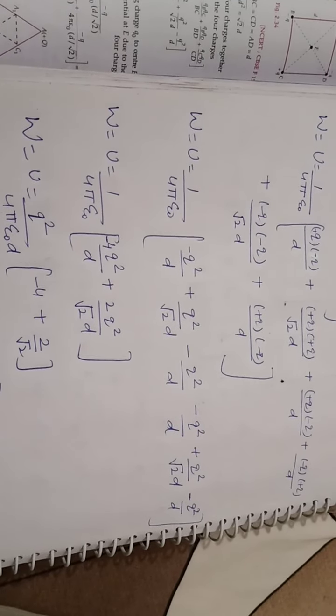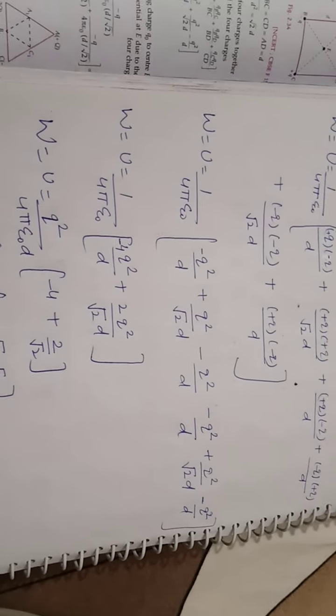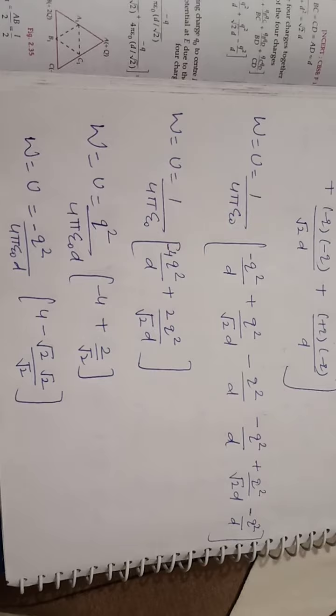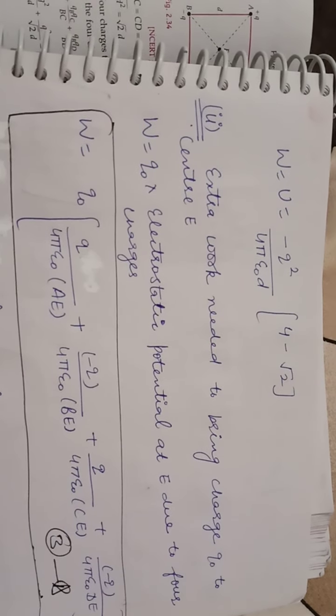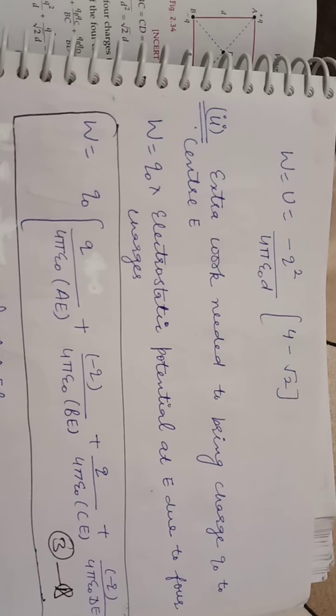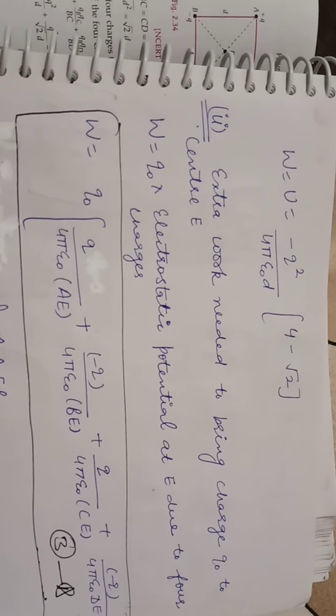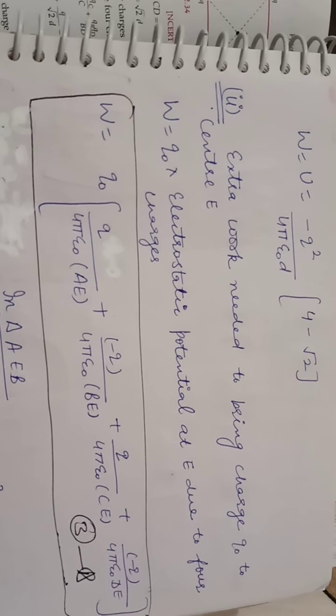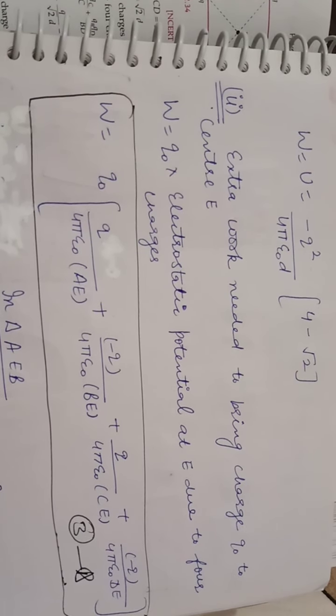After putting all the values in the above expression, we get this value of work or potential energy. So the final value of work is equal to minus Q square upon 4 pi epsilon naught D within bracket 4 minus root 2.